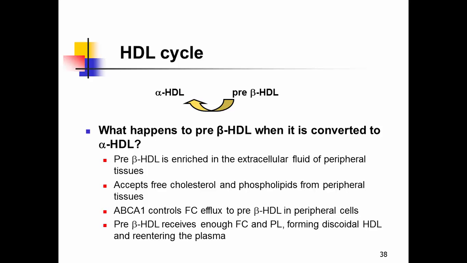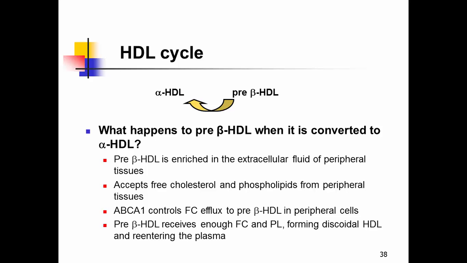So it's very important, the ABCA1 on the surface of peripheral cells that transports free cholesterol from the cells and loads it to the pre-beta HDL, right? So pre-beta HDL basically receives enough free cholesterol and phospholipids from the peripheral cells, tissues, and then forms the so-called discoidal HDL and re-enters the plasma, right?